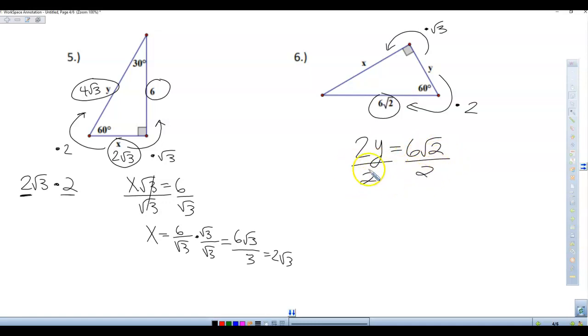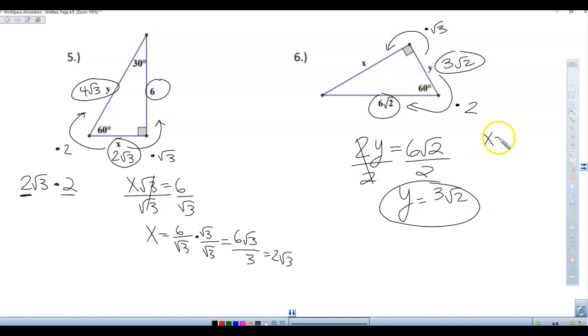And I get that y is equal to 3 root 2. And then once I know y, to get x, I simply multiply that short leg y by root 3. So x is equal to 3 root 2 times root 3, which is equal to 3 square roots of 6. So x is equal to 3 root 6.